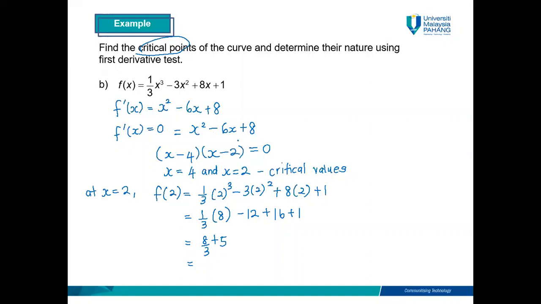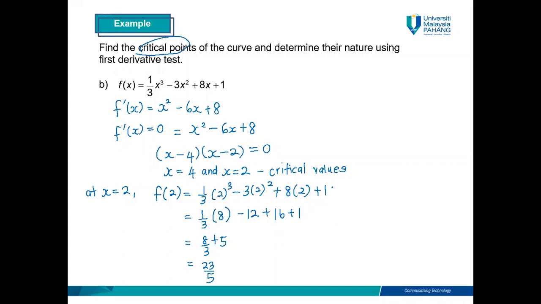So the answer is 23 over 3. That is for x is equal to 2.